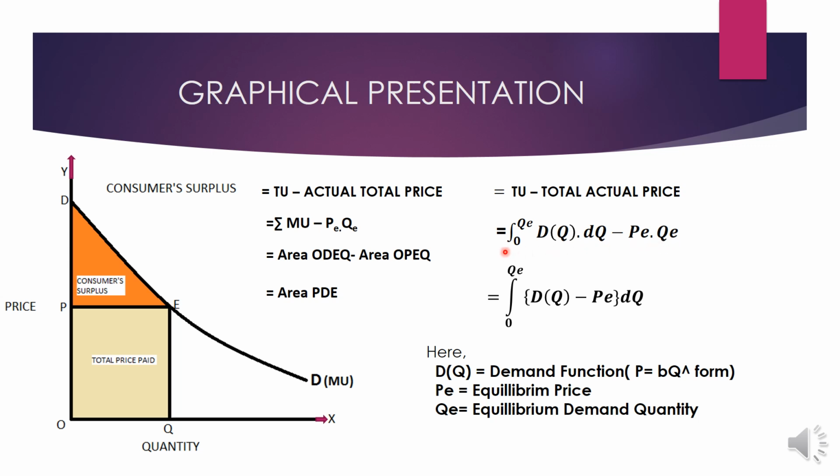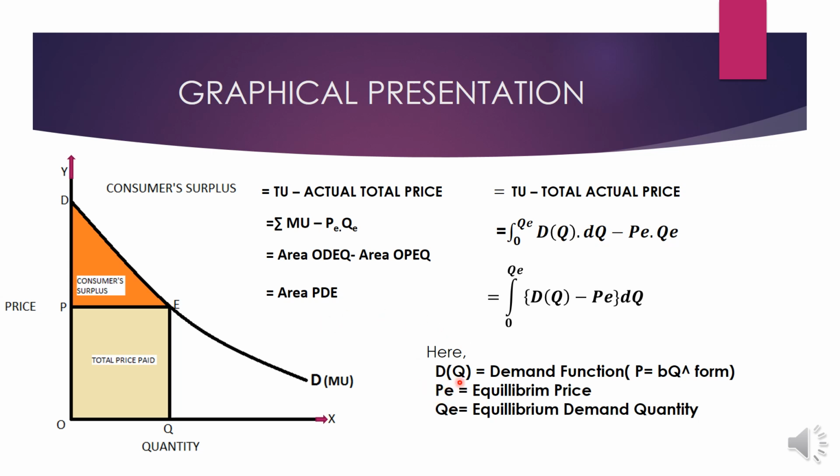So by integration of the demand function we get the total utility of the product. We can also write this equation in this form, that is, integration of the demand function minus equilibrium price with respect to Q is equal to the consumer's surplus.